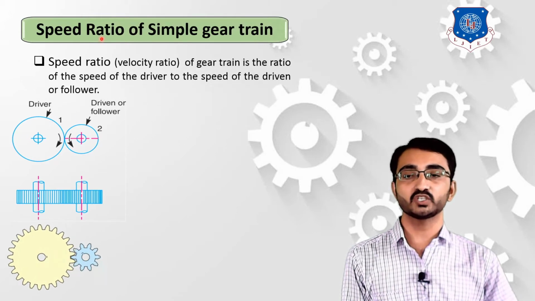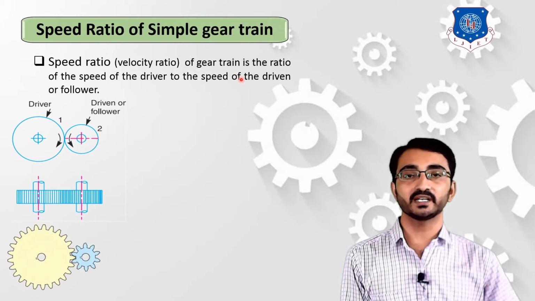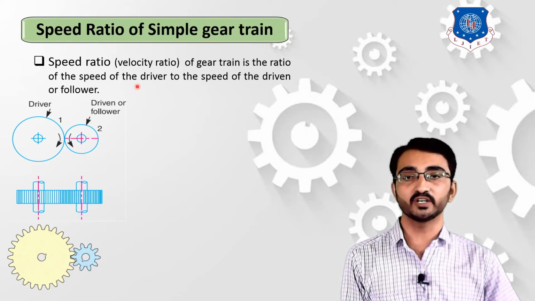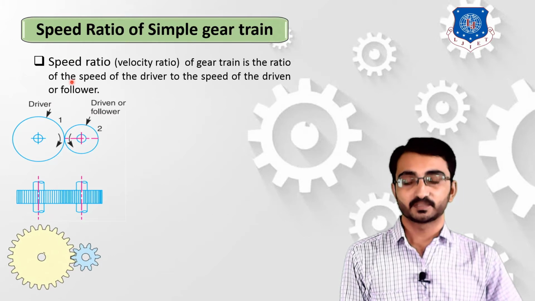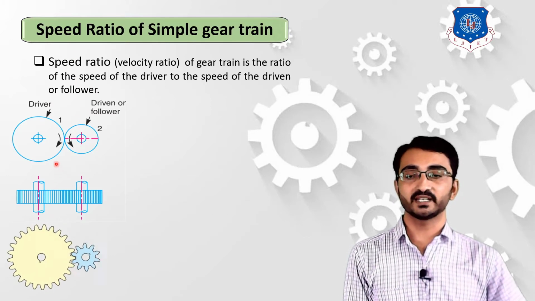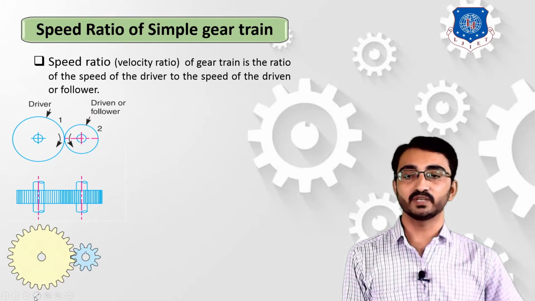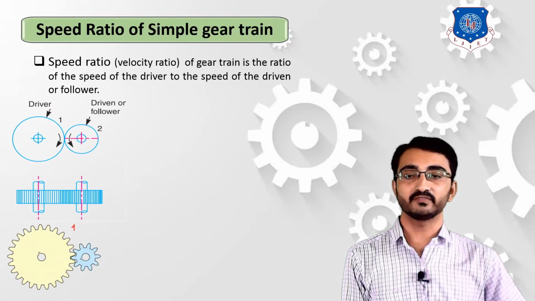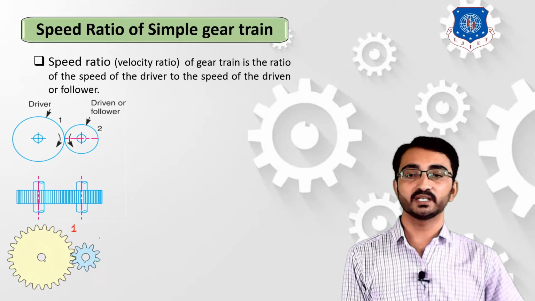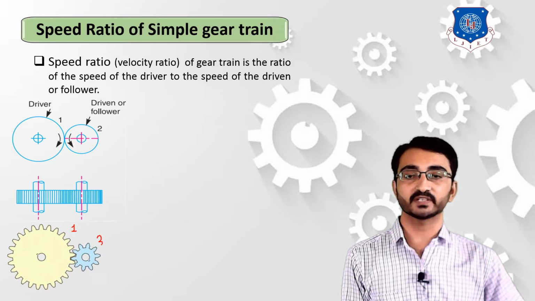Speed ratio is nothing but, in a gear train, the ratio of the speed of the driver to the speed of the driven. Let's consider that in this diagram, for shaft number 1, 1 RPM will give us 3 RPM of gear 2.